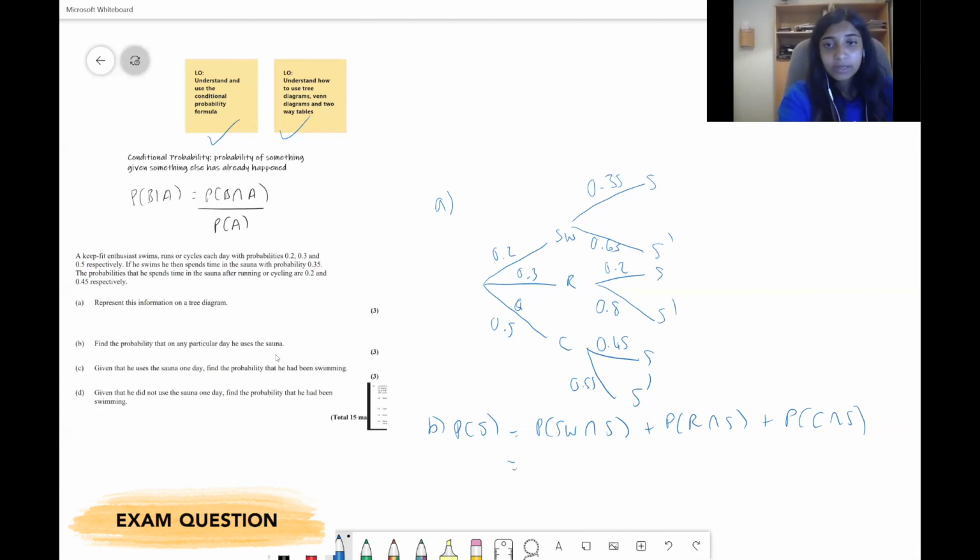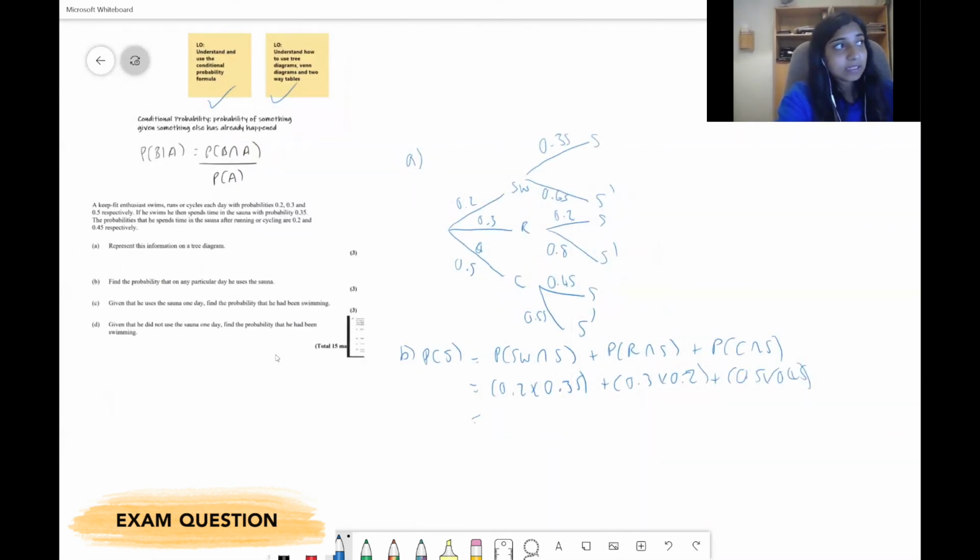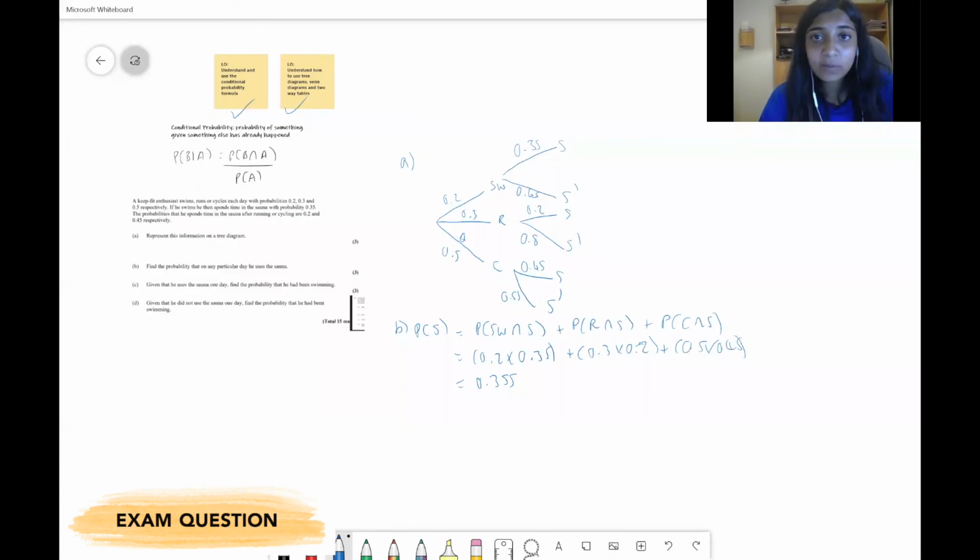So that's just multiplying along the branch, so it'll be 0.2 times 0.35 plus 0.3 times 0.2 plus 0.5 times 0.45, and then if we apply that into our calculator, we would get that this is equal to 0.355.